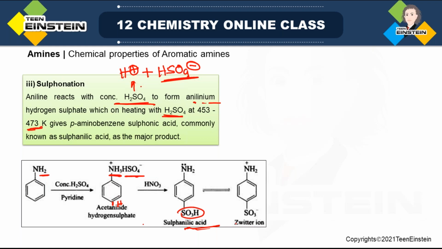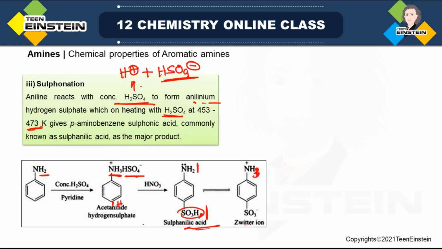and SO3H. But actually this molecule does not remain in this way. Here what happens, as this is basic group and this is acidic, so they will prefer to remain in zwitterionic form. Zwitterionic form means as if there is hydrogen exchange. So this H will now be remaining with NH2 group, this is actually NH3 plus.